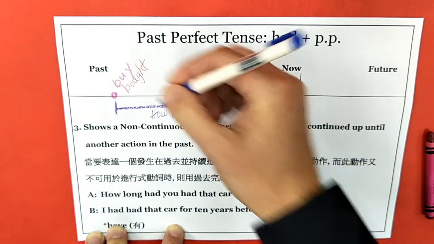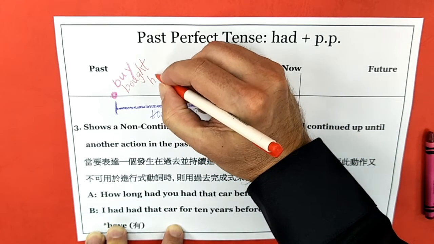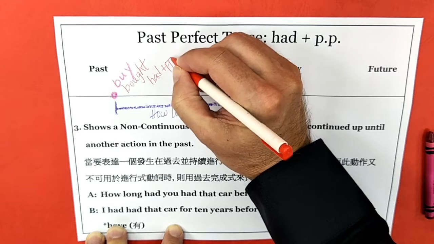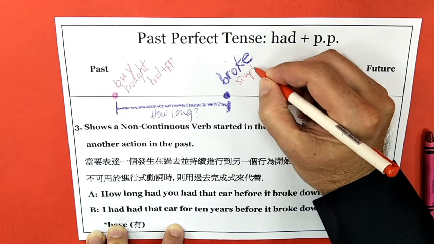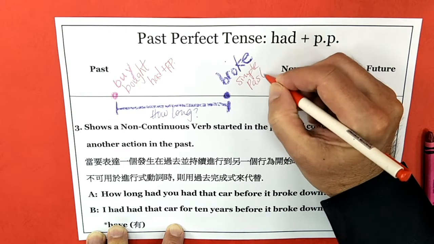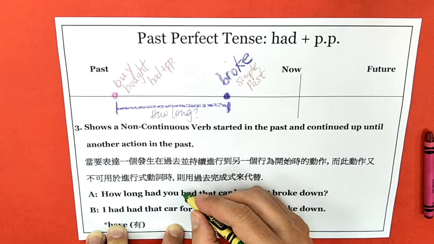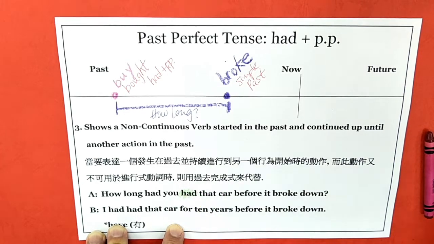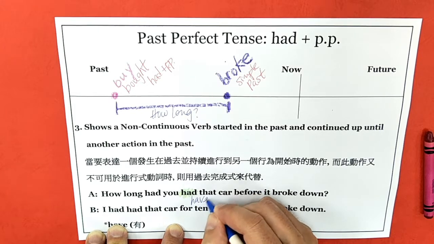This is telling us how long. Now, this verb is going to be had plus PP. And this verb is going to be simple past. The verb we have is have. Have does not have a progressive.